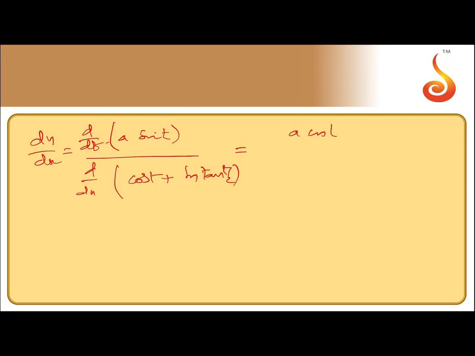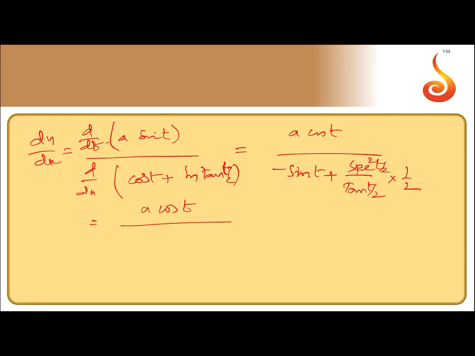So the derivative of this one is equals to a cos t divided by a times minus sin t plus derivative of logarithm of tan t by 2, 1 divided by tan t by 2 multiply by secant square t by 2 multiply by 1 by 2. Simplifying this one, of course the denominator a will be there, so a gets cancelled.